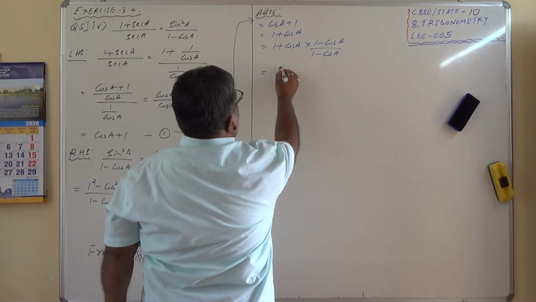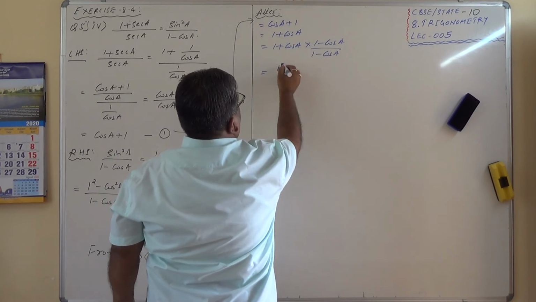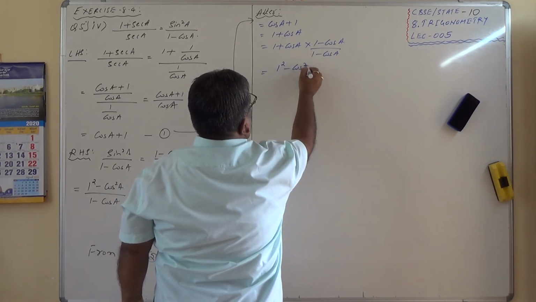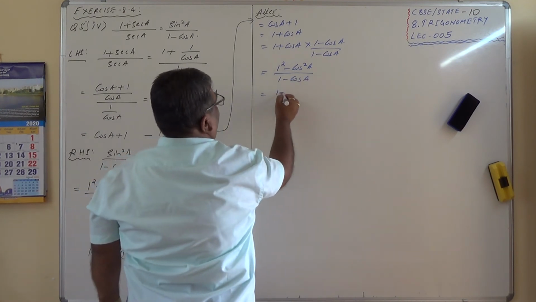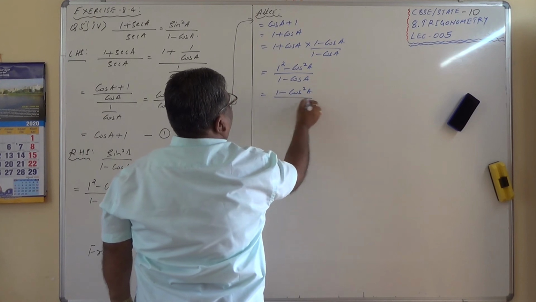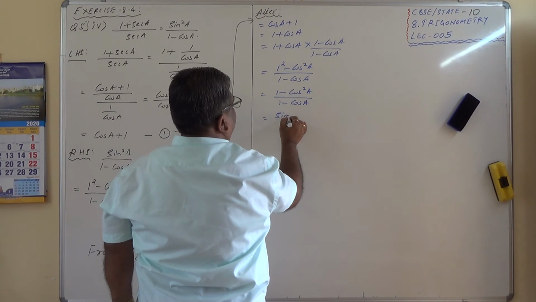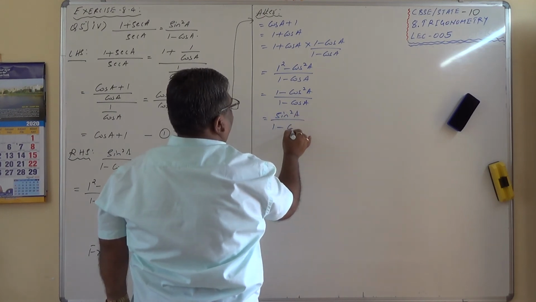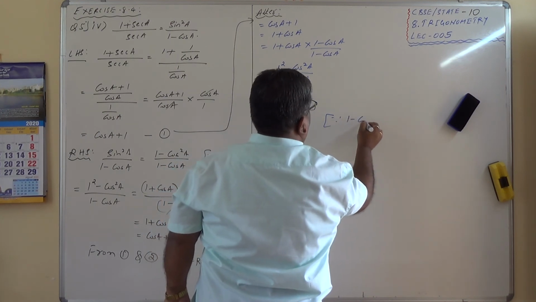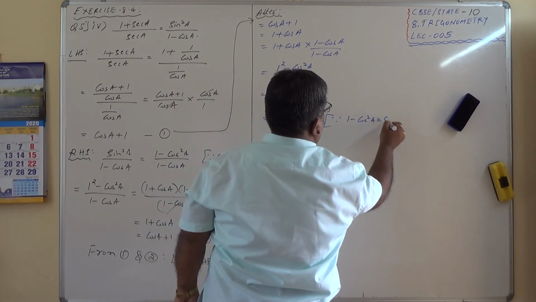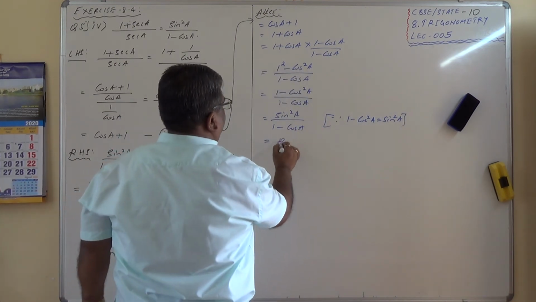This is nothing but A plus B into A minus B, which is 1 square minus cos square A divided by 1 minus cos A, which is 1 minus cos square A divided by 1 minus cos A, which equals sin square A divided by 1 minus cos A. Reason: 1 minus cos square A equals sin square A, and therefore this equals RHS.